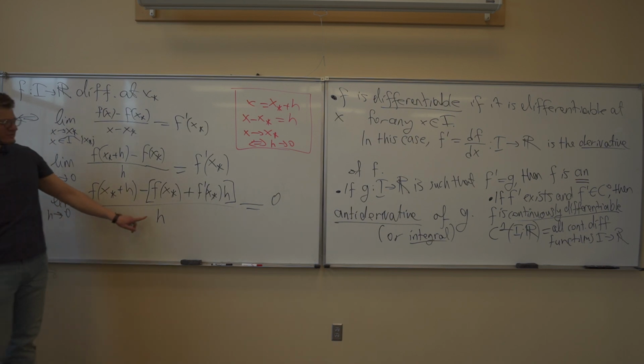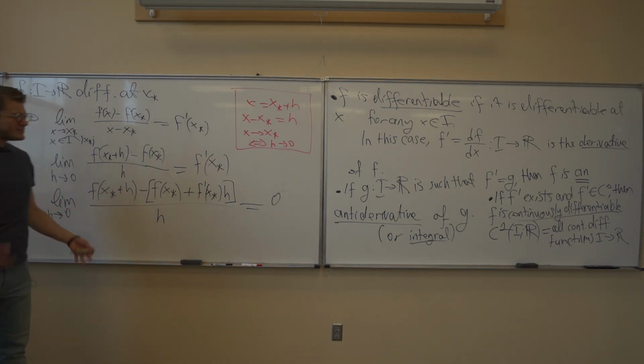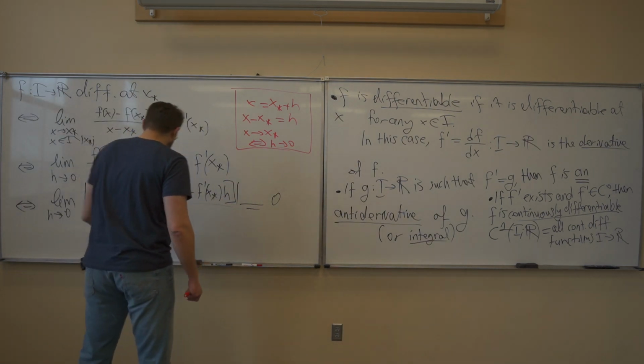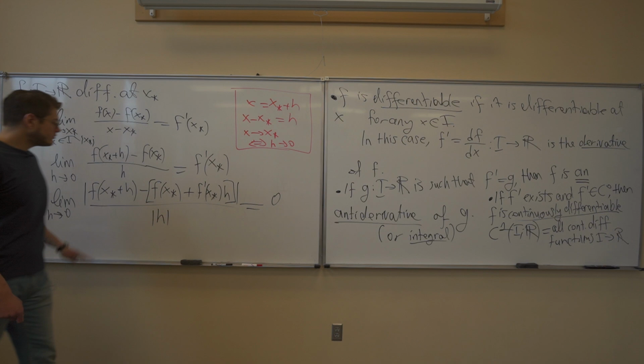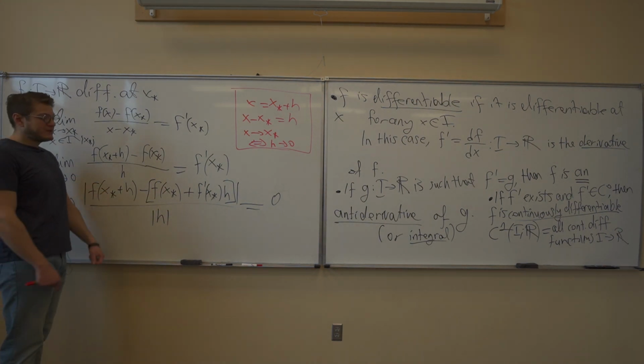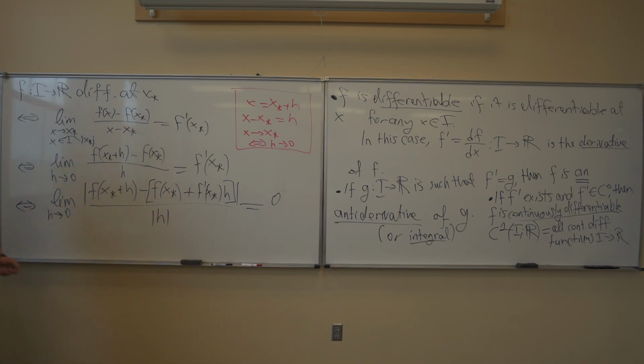And so the denominator here is going to be positive or negative. So it has two cases. So what I can do is, just so that it is slightly more convenient, I can put absolute values here. So that now the numerator is a non-negative number. The denominator is a non-negative number also. So this is slightly more convenient to use.